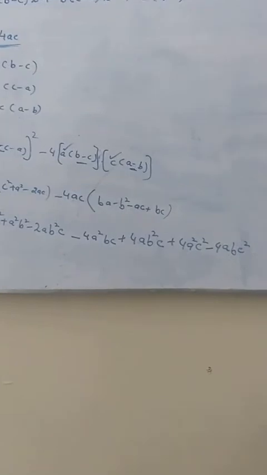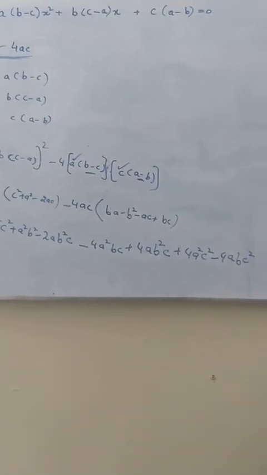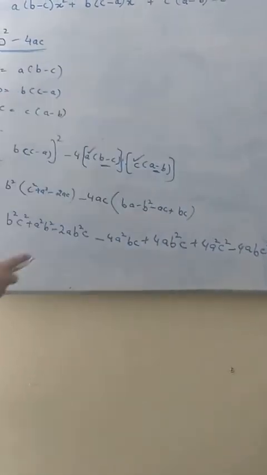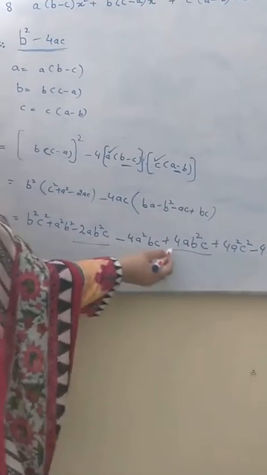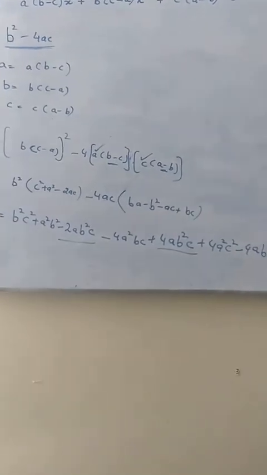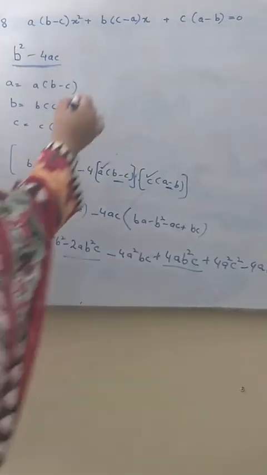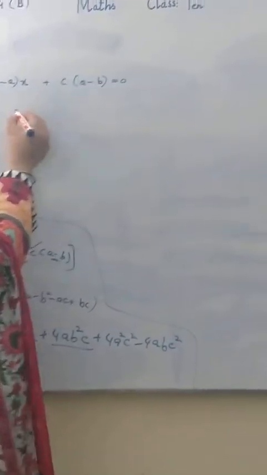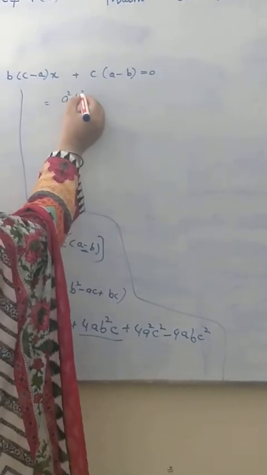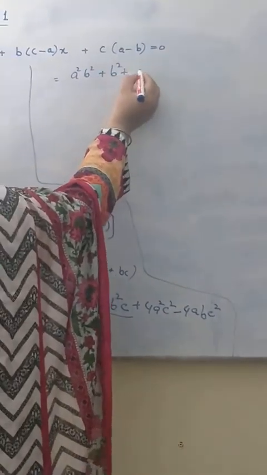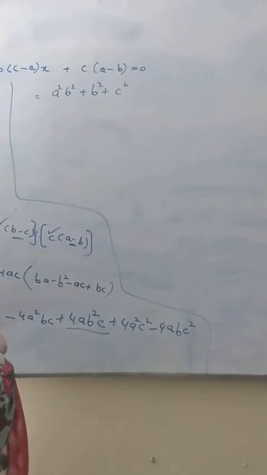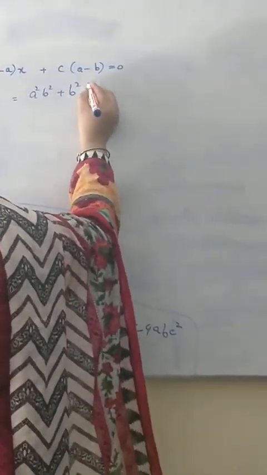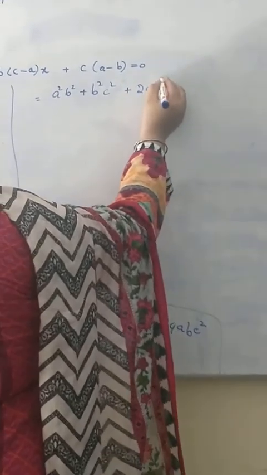Now we have to check whether we have any like terms: ab square c and ab square c. These two terms are like terms, and we will add them. We get a square b square plus b square c square plus 2ab square c.